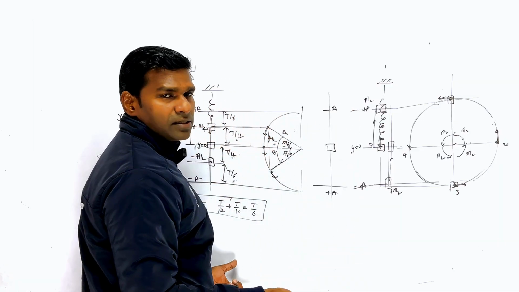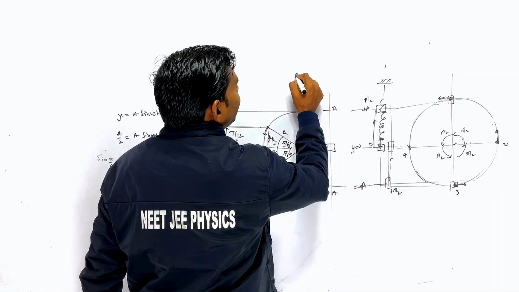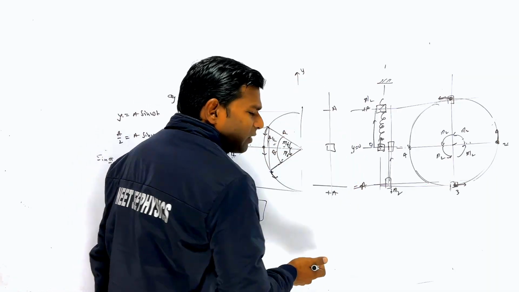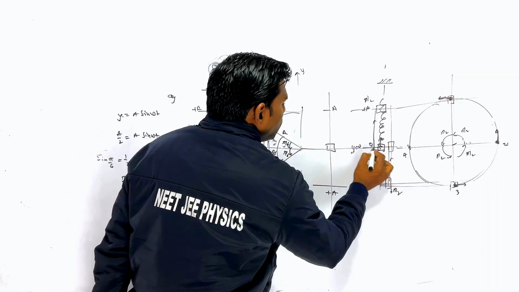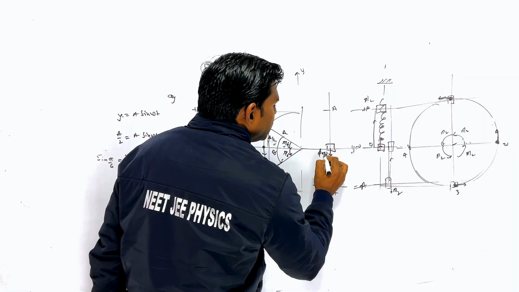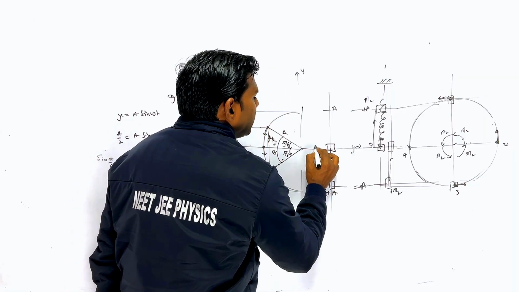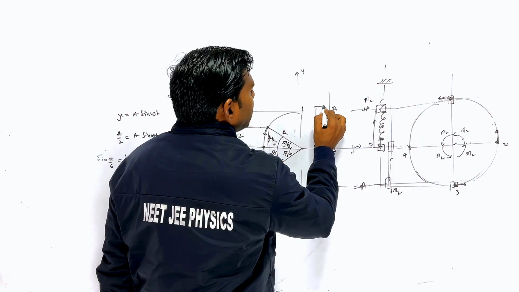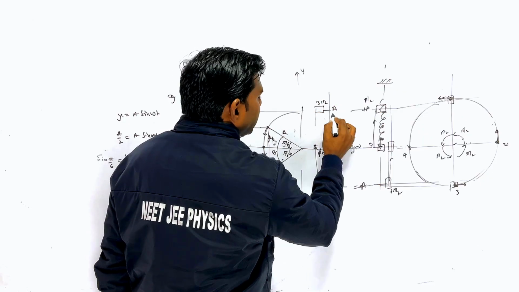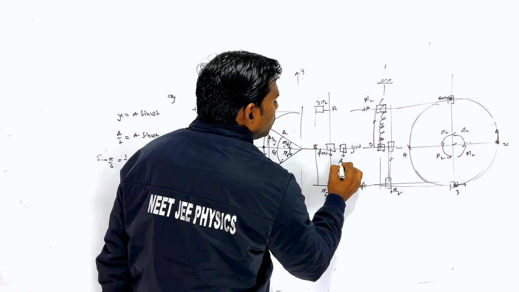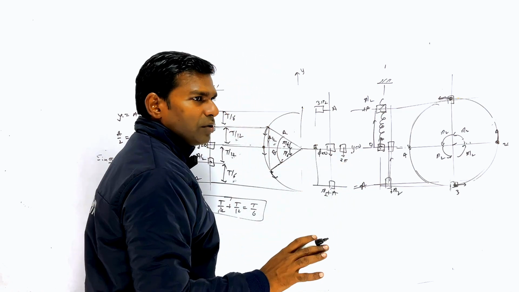It may be the case, right? It is not necessary that the y-axis is always up. In this case, the y-axis is vertically down. So the particle starts with initial phase 0, then reaches this point, it is pi by 2, then it is pi, then it is 3 pi by 2, then it comes back, so it becomes 2 pi again. Are you getting it or not?